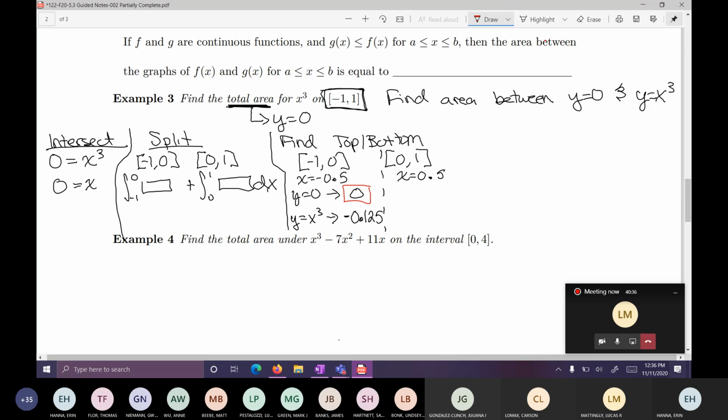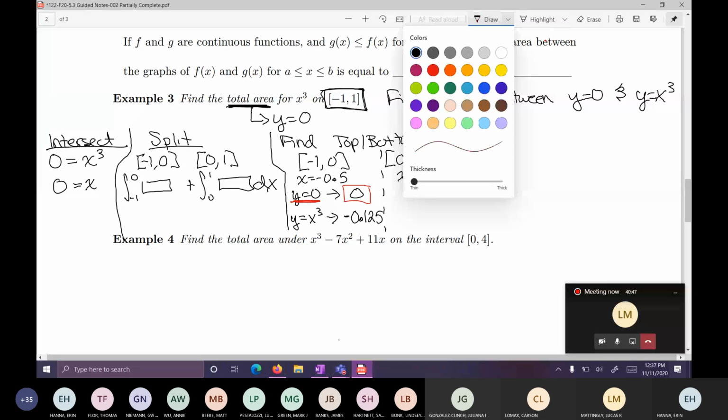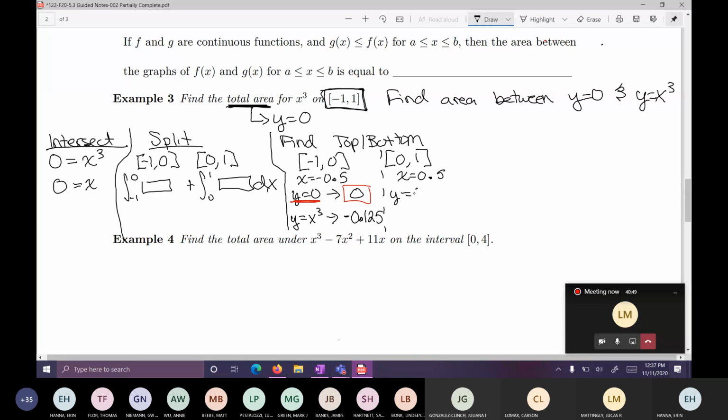So that's going to be our top function in that interval. So y = 0 is going to be our top function for the first integral. And then I'm going to plug in positive 1/2. If I plug it into y = 0, again, we just get 0. If I plug it into x cubed, we're going to get positive 0.125.